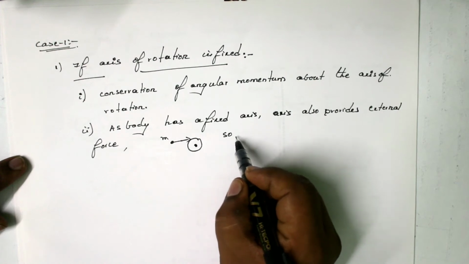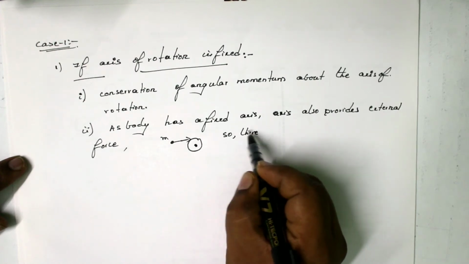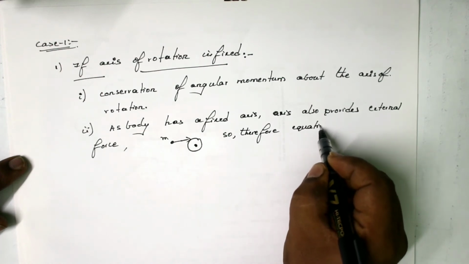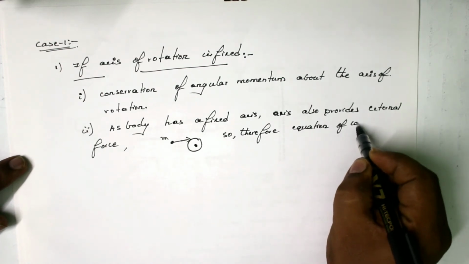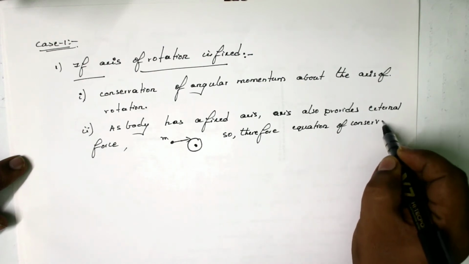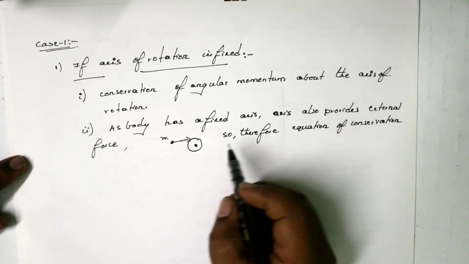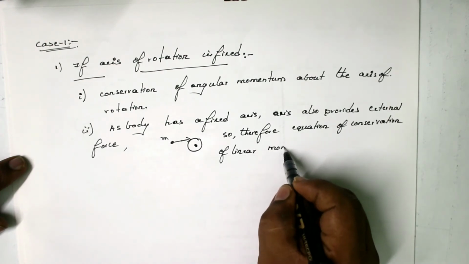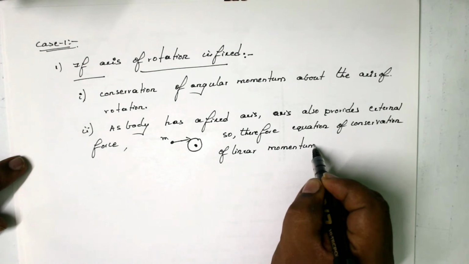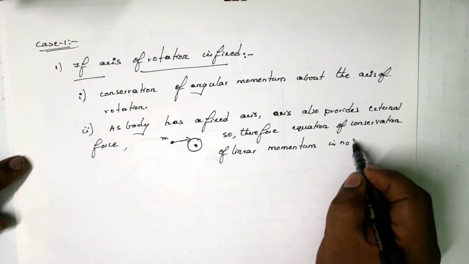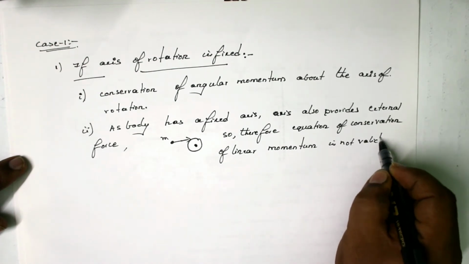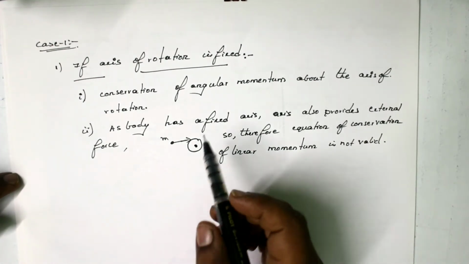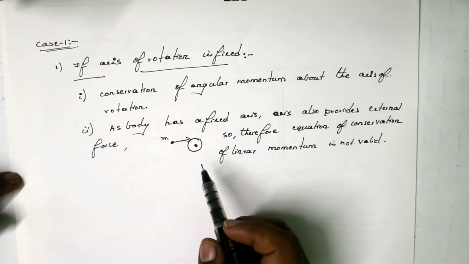So the equation of conservation of linear momentum is not valid. When the axis of rotation is fixed, we can write the angular momentum conservation about the axis of rotation.